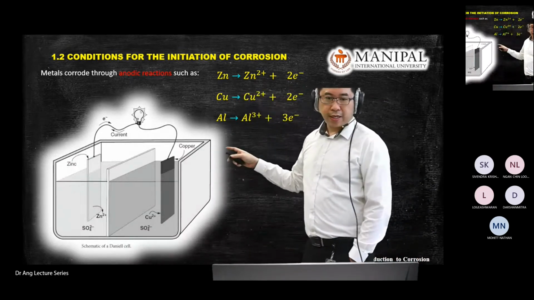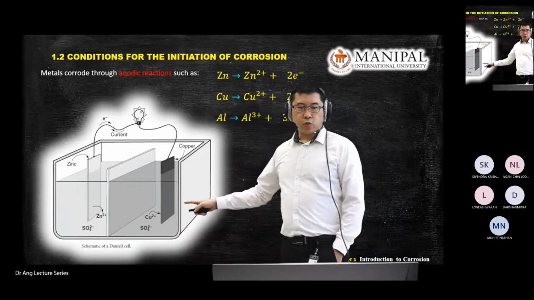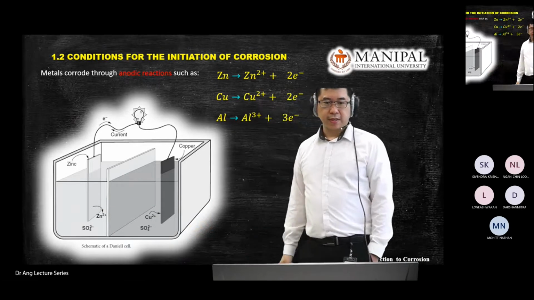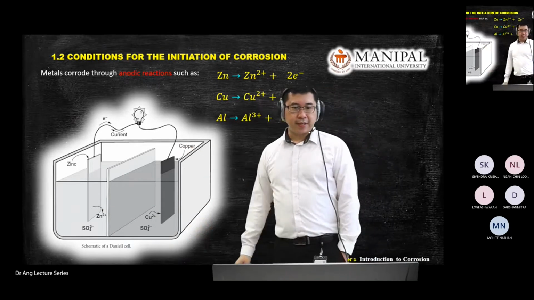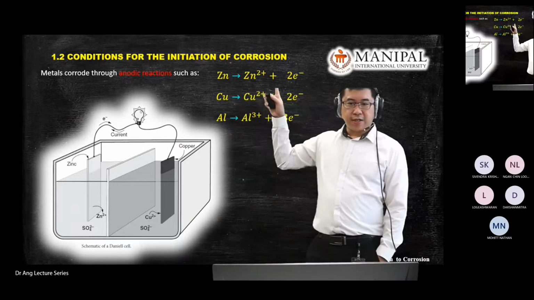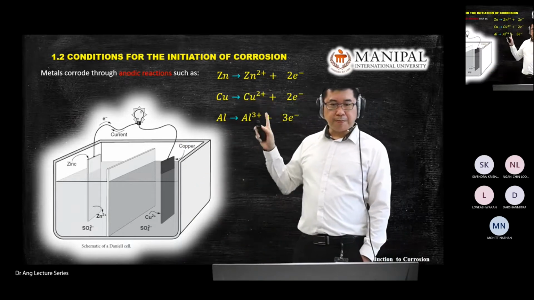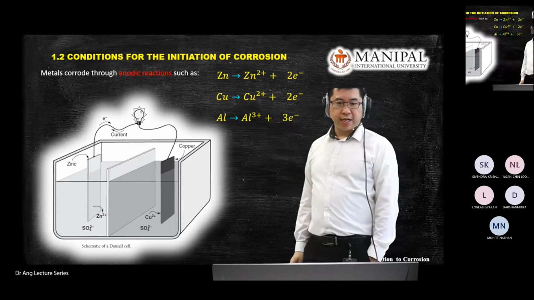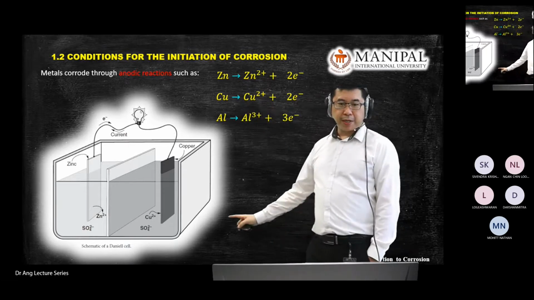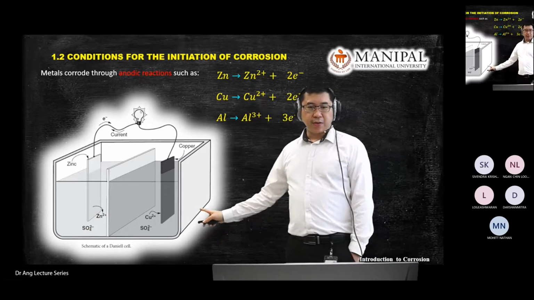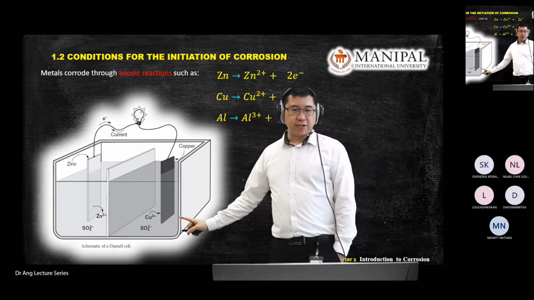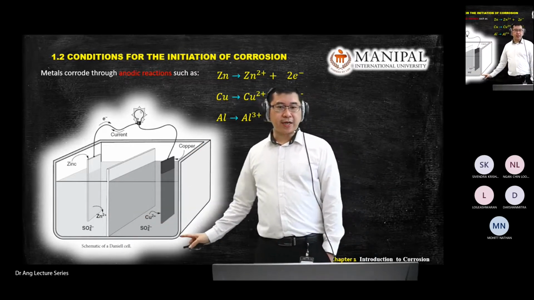So again, if you connect 2 elements in a solution, copper and zinc together, because of the anodic reaction, you see copper contribute 2 electron, zinc contribute 2 electron also, and because of the polarization, you will see that actually the current can flow, and you will see a loss of charge from one side to another tank.